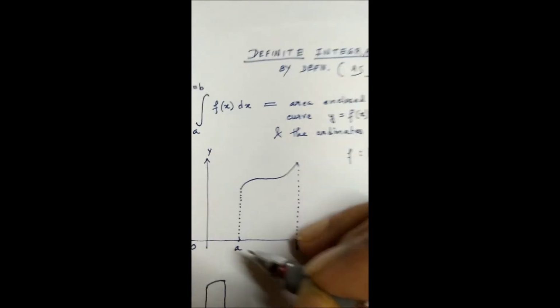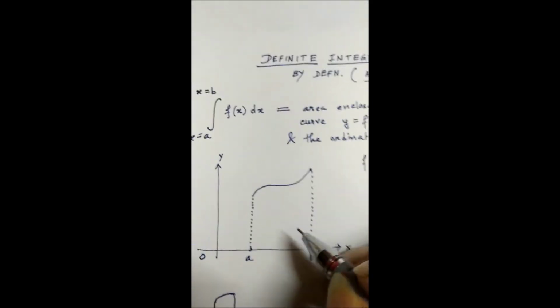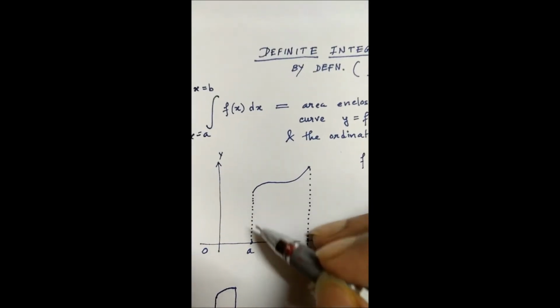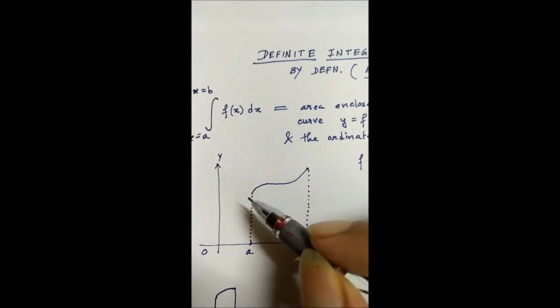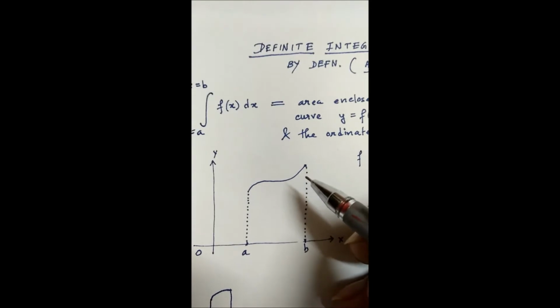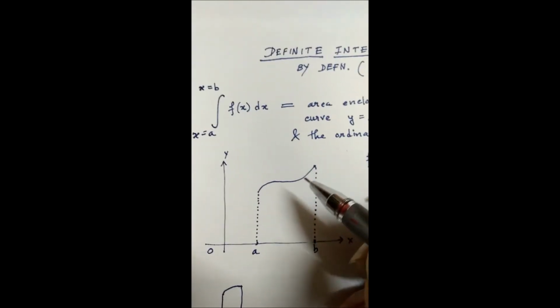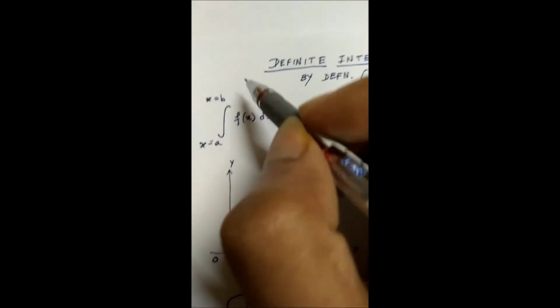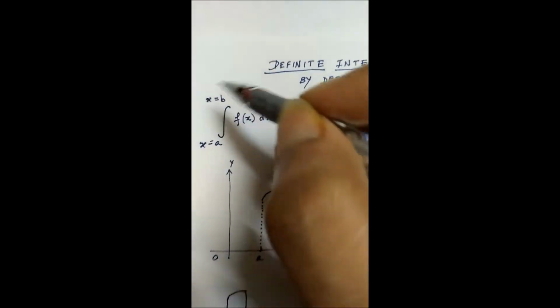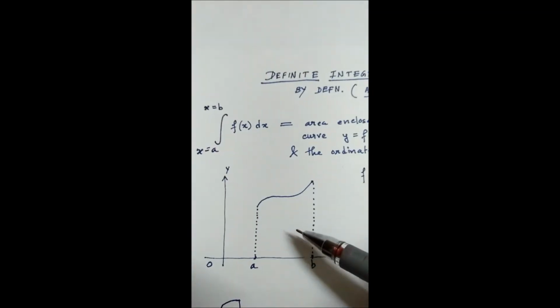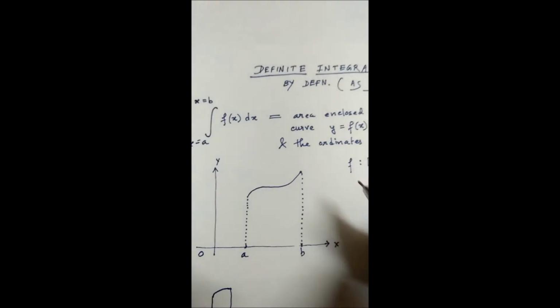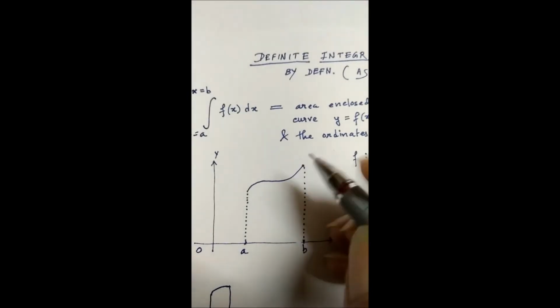So it runs over the closed interval a to b. Now this whole region, the area of this figure, is denoted by this one. So this is nothing but the definite integral. Now, how to get an expression for that? We are going into that.